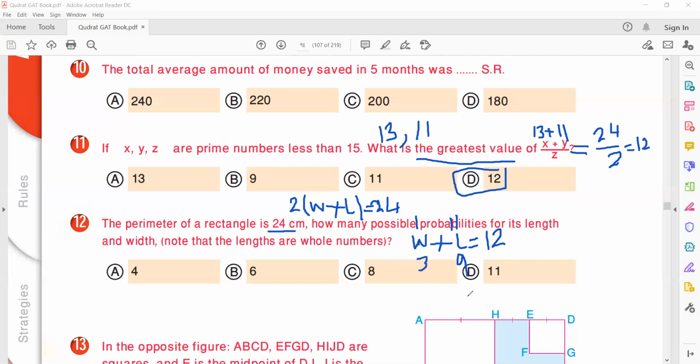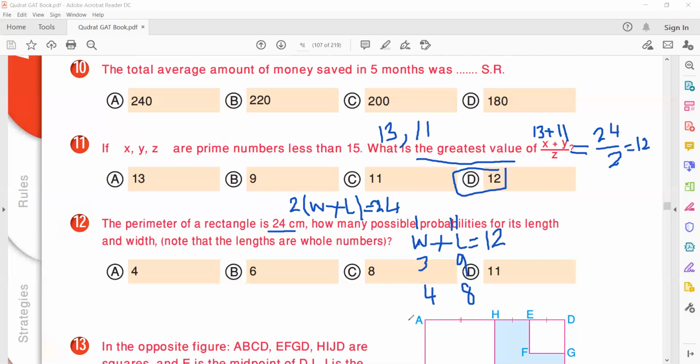All odd numbers. Or also the even, maybe length is 8 and width is 4. Also 10 and 2, 7 and 5, 6 and 6.